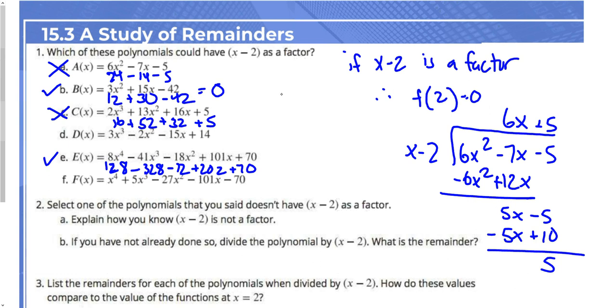Now look over here. Didn't we say that when we did the math out, when we plugged 2 in for x, 24 minus 14 is 10, minus 5 is 5? You get a 5 here. Huh. Well, imagine that.